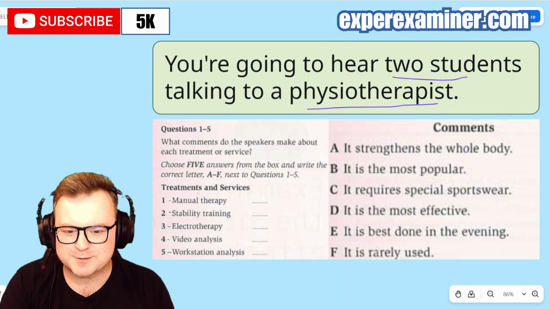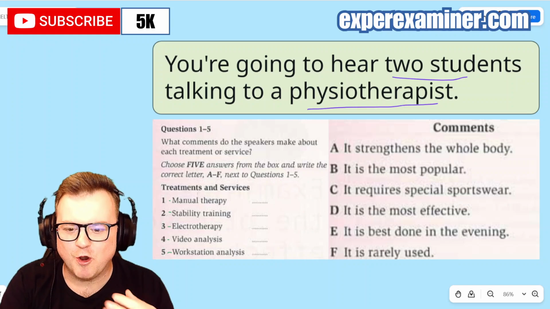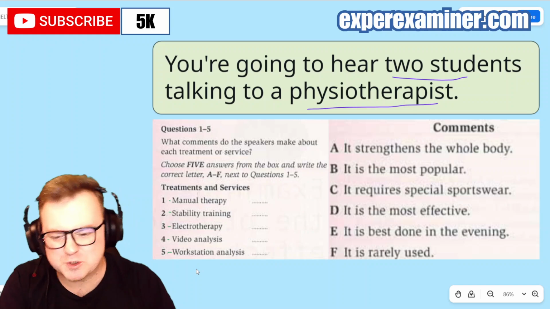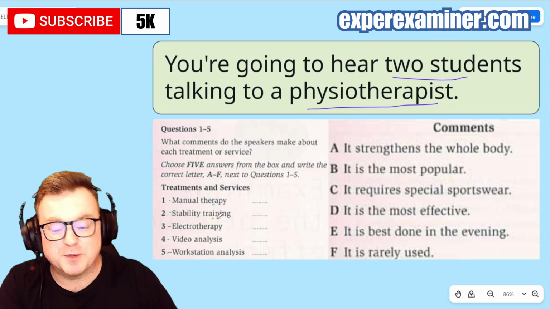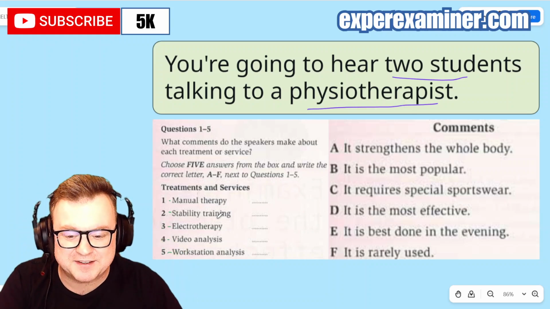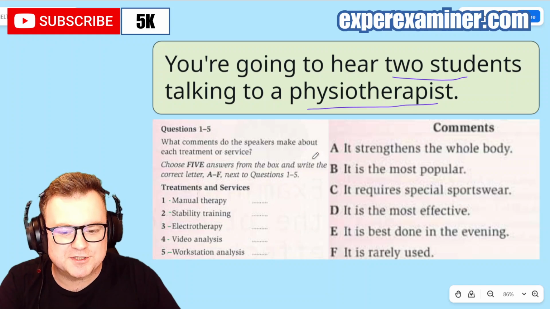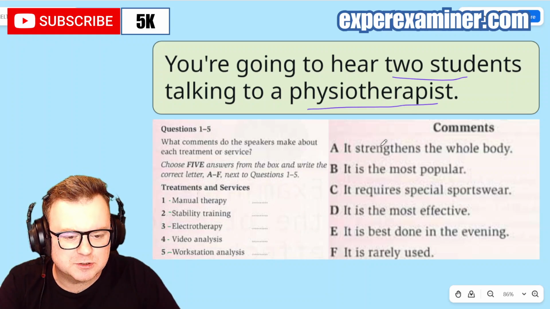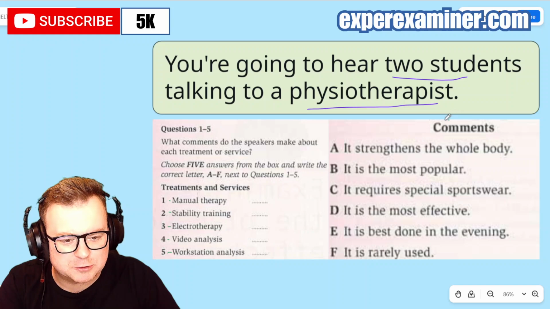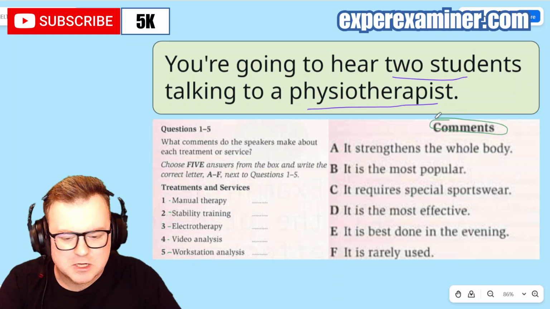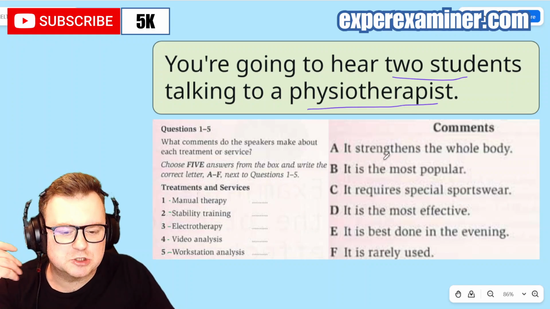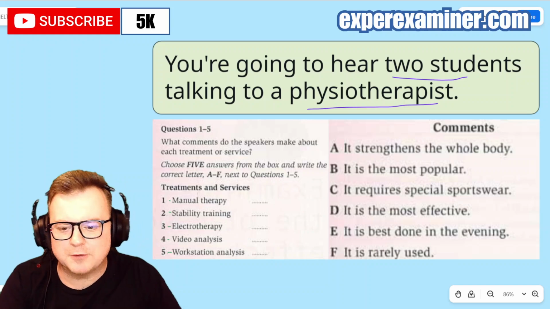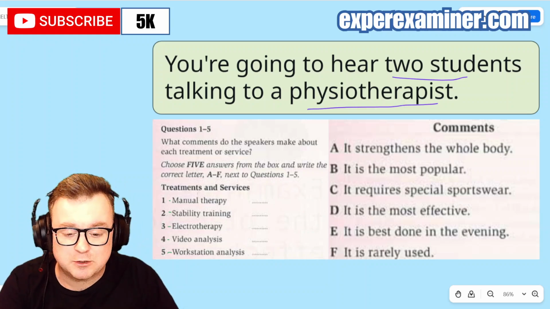But I would also expect to hear an explanation of what those things are. So probably we're going to hear manual therapy, and then the physiotherapist will summarize what that thing is. But our question is not just what is it, it's about the comments about it. So these are the comments. This is the stuff where we need to think about our paraphrases, and we have to be quite creative.